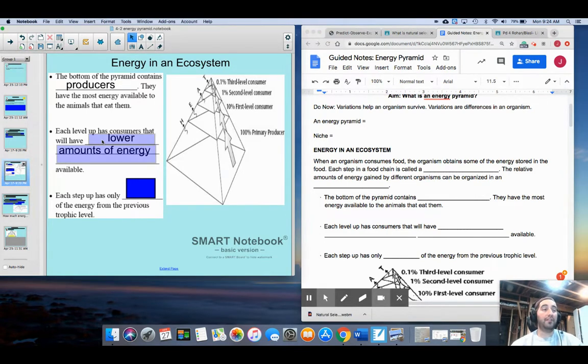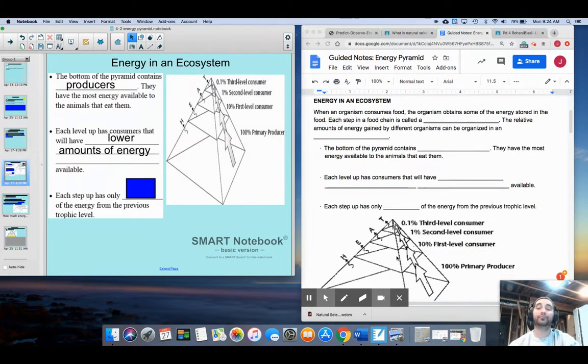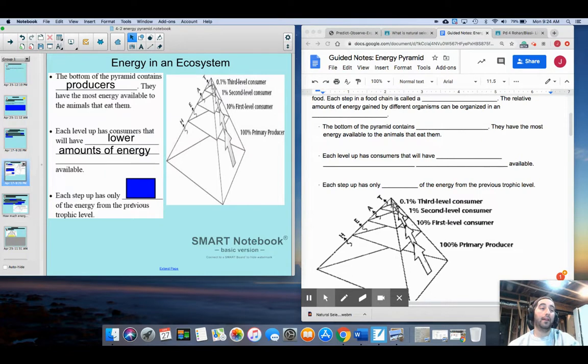As you move up from the bottom, each level has consumers that will have lower amounts of energy available. So you are writing that down over here. And then each step only has 10% of the energy from the previous trophic level.